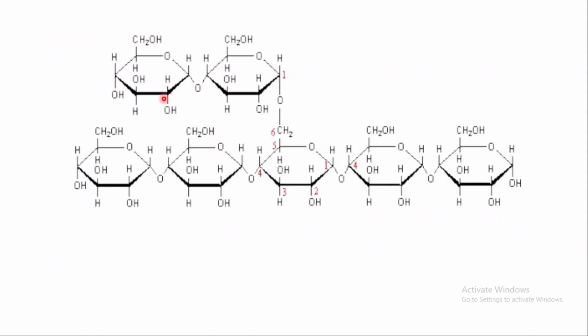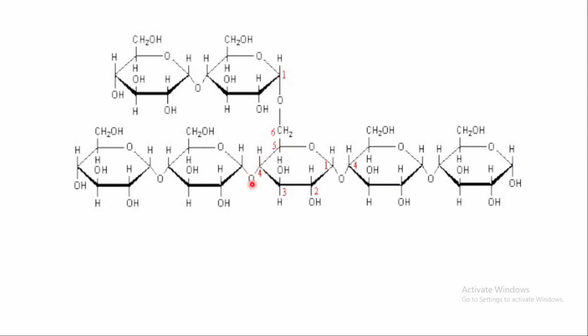Now this is the structure of glycogen that you see on the screen. If you see, this is, let's say, a 3 to 5 to 7 molecule unit of glycogen. You can see this is a disaccharide polymer and this is a pentasaccharide polymer, and both of them have branched through this linkage. So there are two kinds of linkages present in a glycogen molecule.